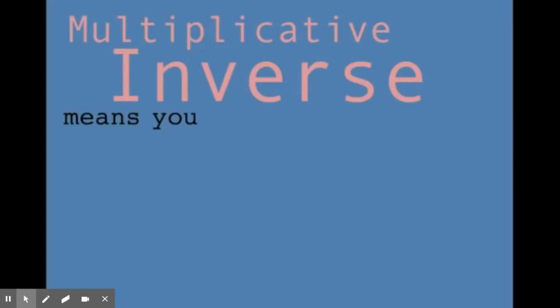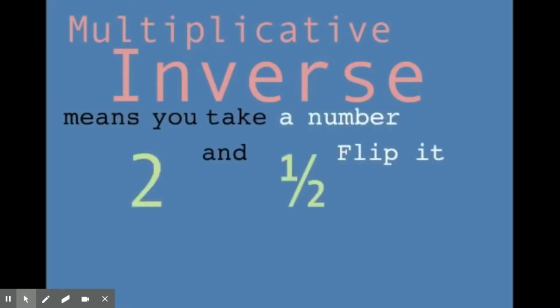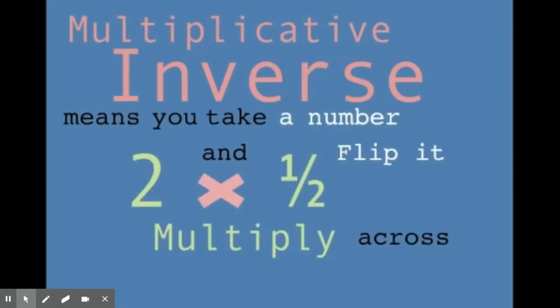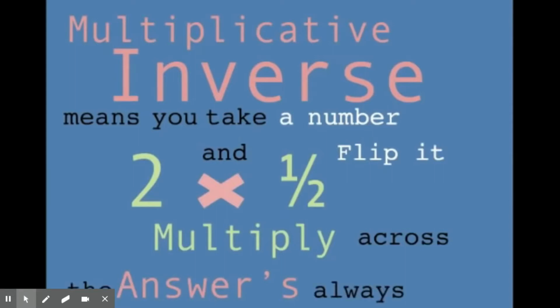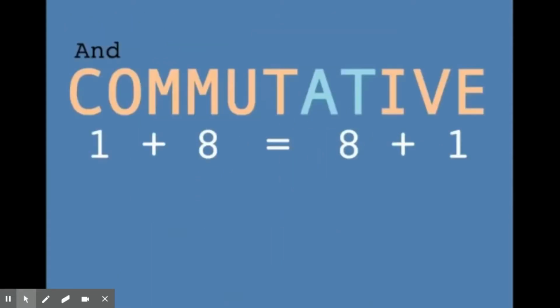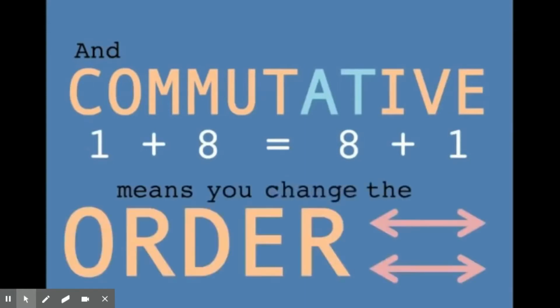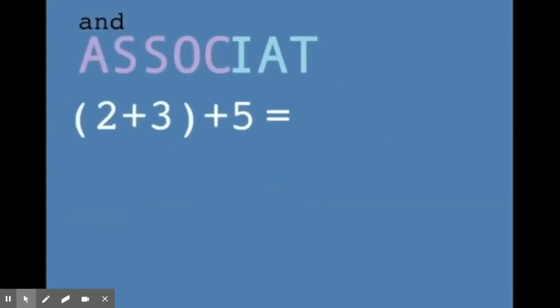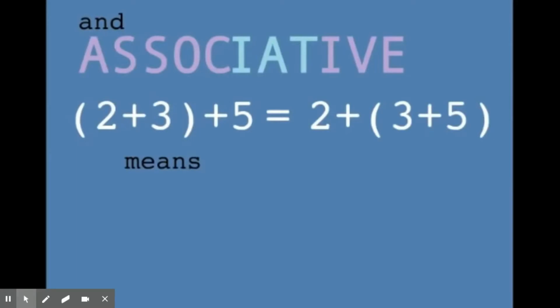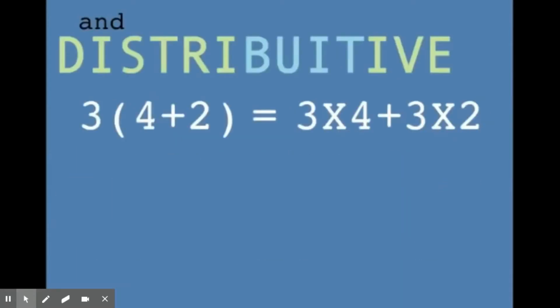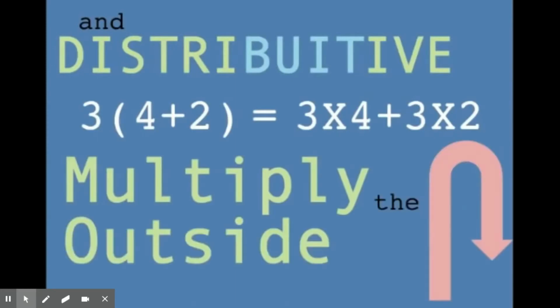Multiplicative inverse means you take a number and flip it. You multiply across, the answer's always 1. And commutative means you change the order, and associative means you change the grouping, and distributive, multiply the outside by the in.